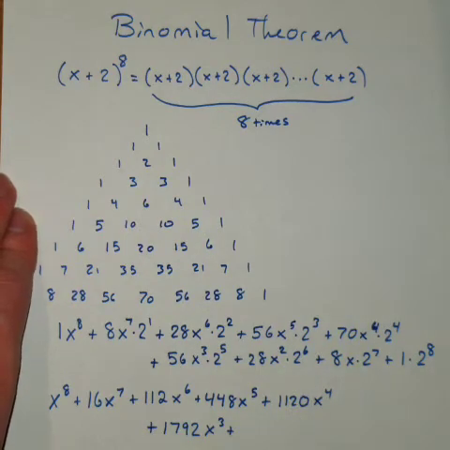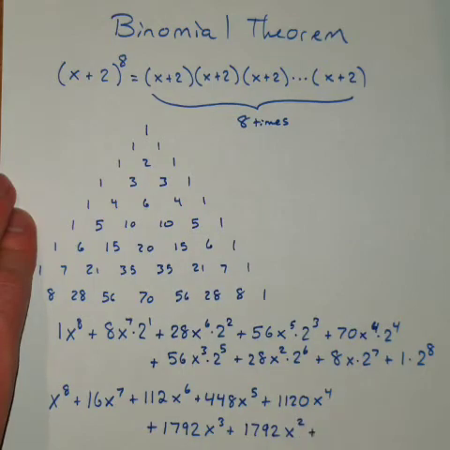So that'd be 28 times 64, which is... That's interesting. Did I do something wrong? No, 2 to the 6th is 64. Just making sure, because I got the exact same number there. So that's 1792x squared.